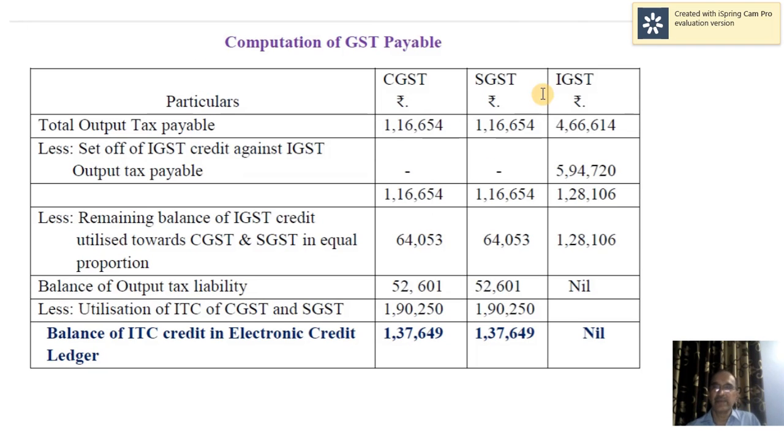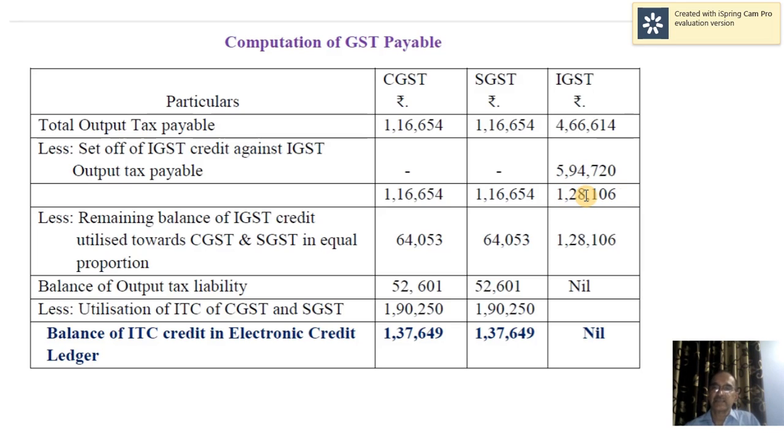Let me very briefly explain once again. IGST is this much. First you have to compare that with the IGST input tax credit. Input tax credit is 5,94,720. First use this towards IGST. So there is still a balance of 1,28,106.